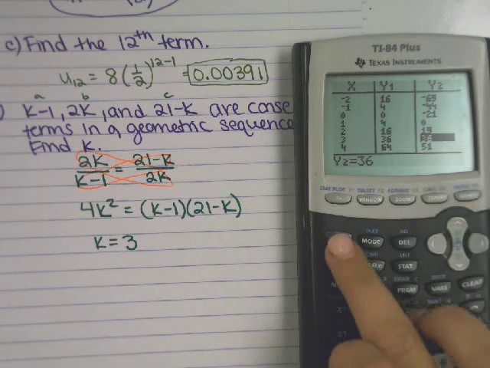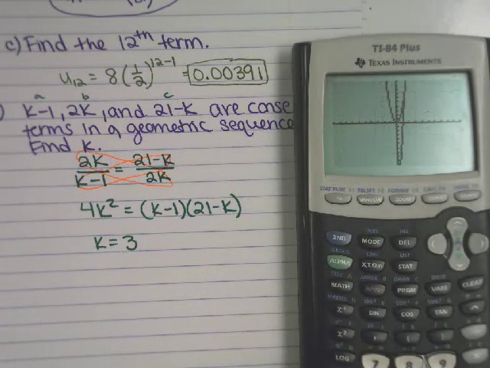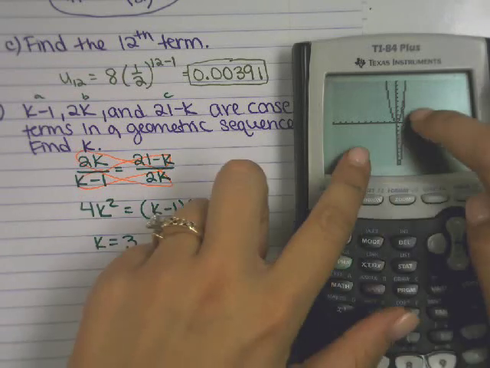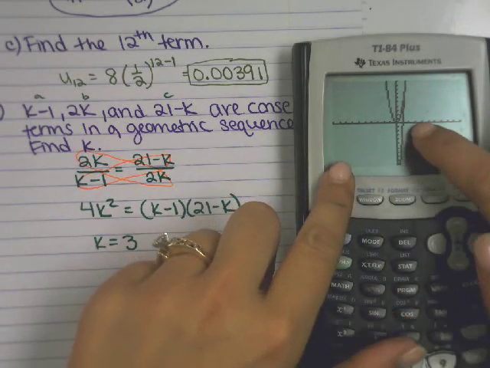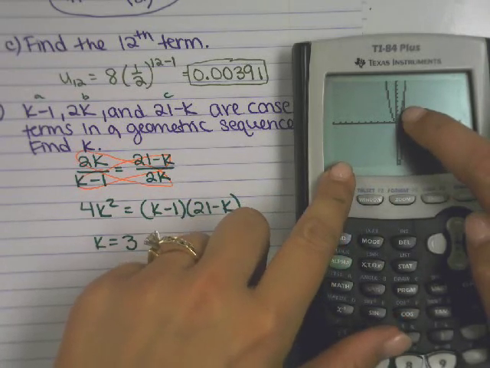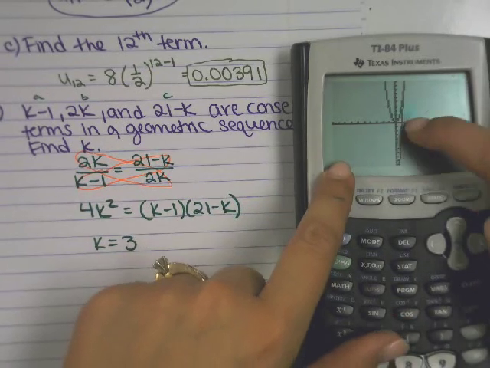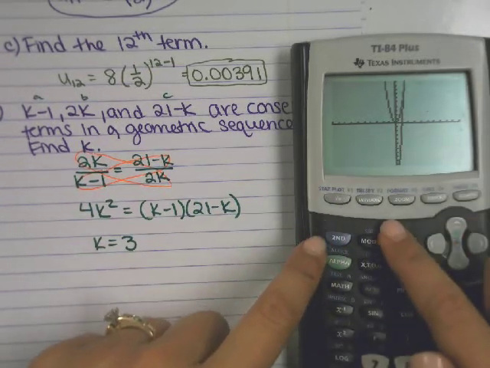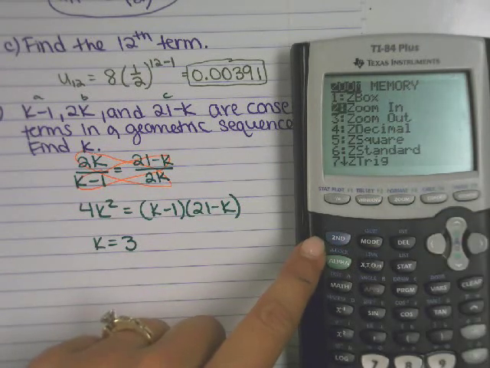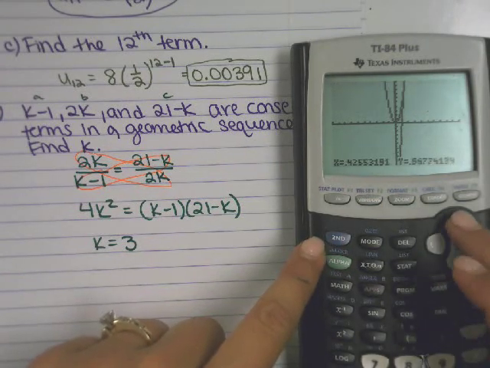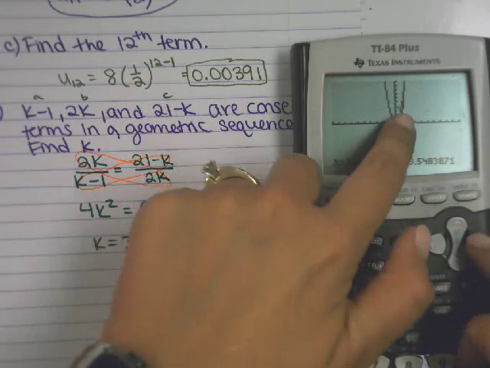So let's go back to our graph. 3 would be 1, 2, 3 all the way over here, but it really looks like maybe right in there, because that line's coming up and intersecting that. So I'm going to zoom in, and get my cursor up there where it seems like that's where it's intersecting.